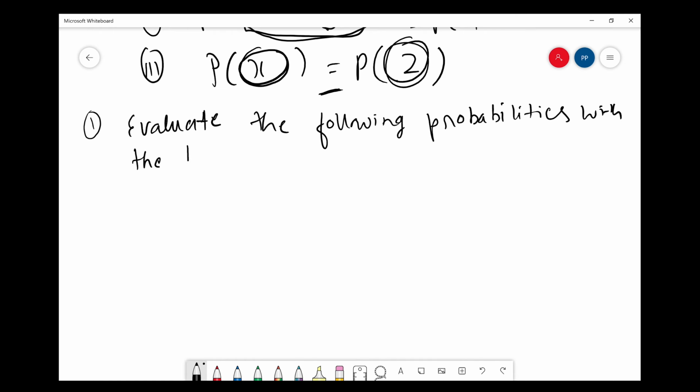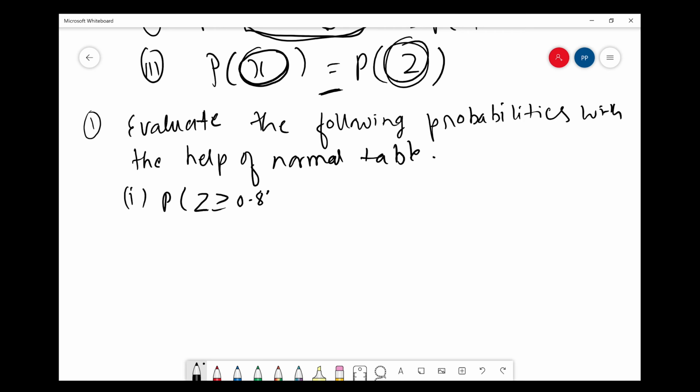The first one, P of z greater than or equal to 0.85.